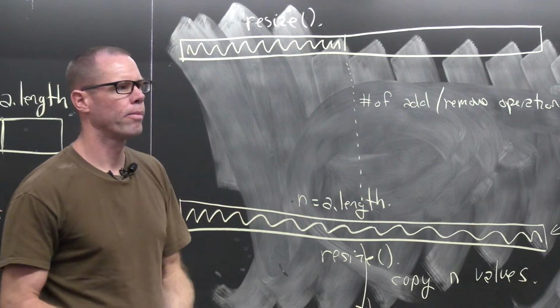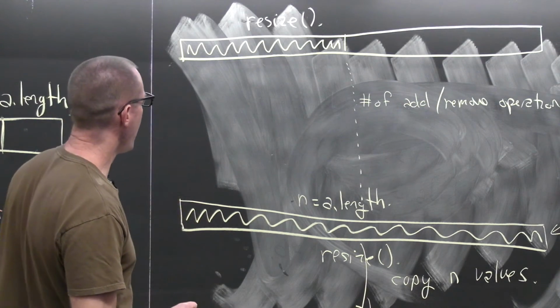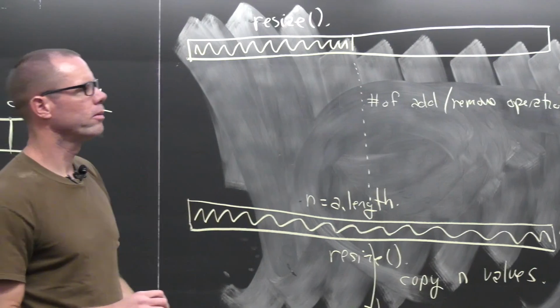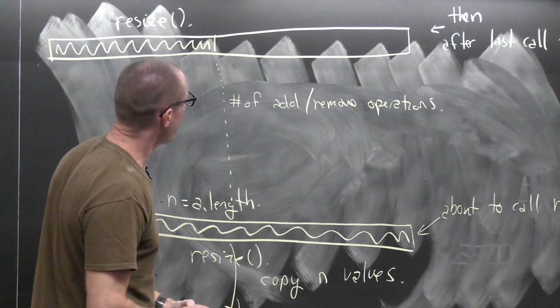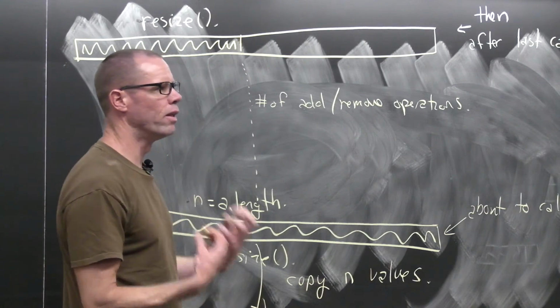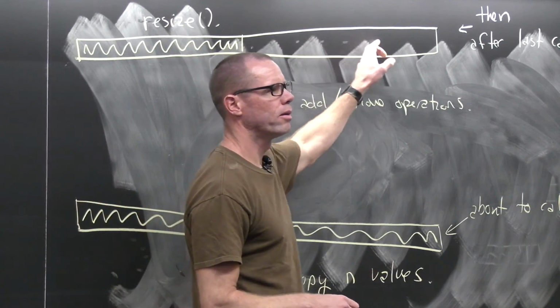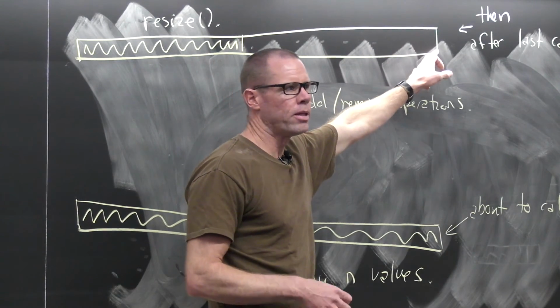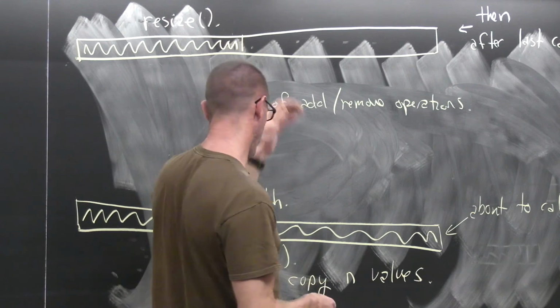At a minimum, there were enough add operations to fill the array, and it was only half full before.